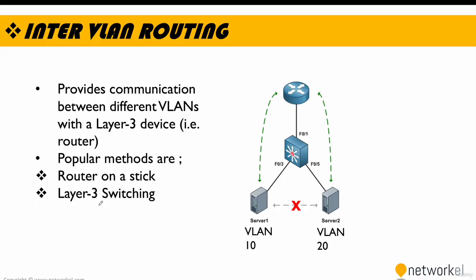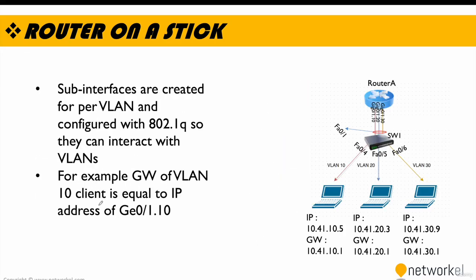By using inter-VLAN routing, you can establish communication between different VLANs with a layer 3 device. As I told you, it might be a router or a layer 3 capable switch. So popular methods of inter-VLAN routing are router on a stick and layer 3 switching.